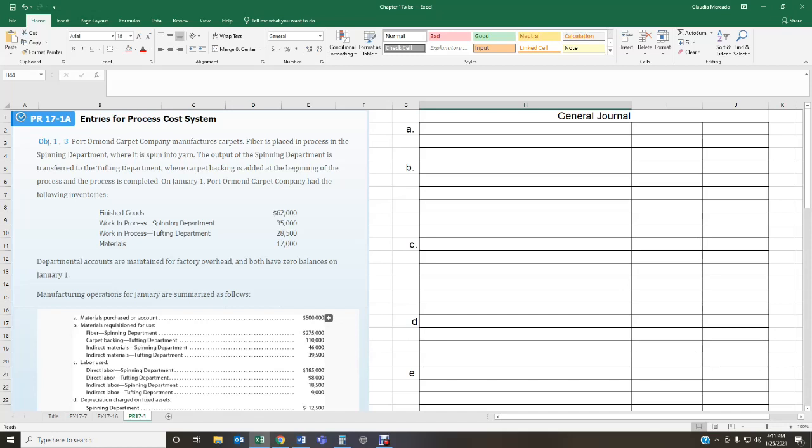Okay, so this is entries for a process cost system. So it says Port Ornament Carpet Company manufactures carpets. Fiber is placed in process in the spinning department where it is spun into yarn. And then the output of the spinning department is transferred to the tufting department where the carpet backing is added at the beginning of the process, and then the process is completed.